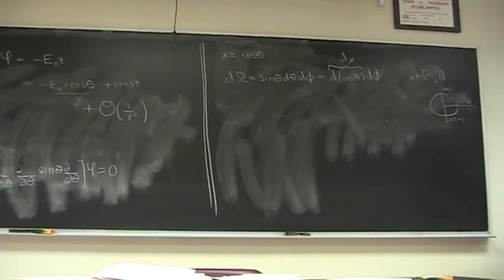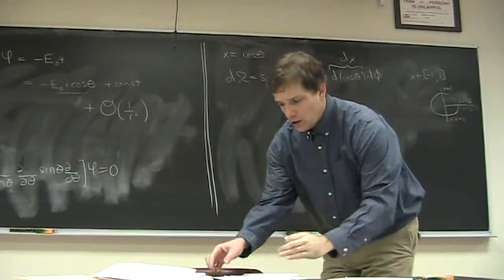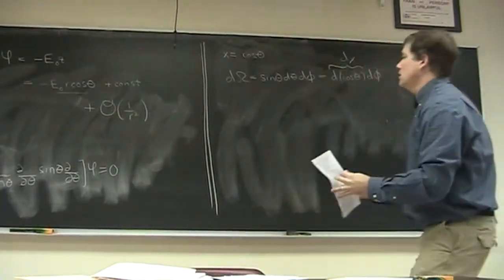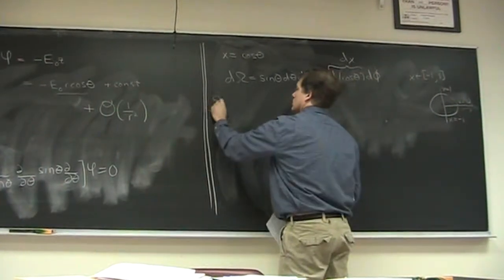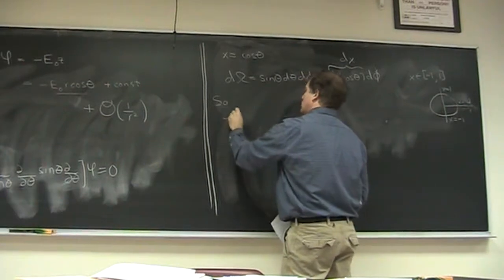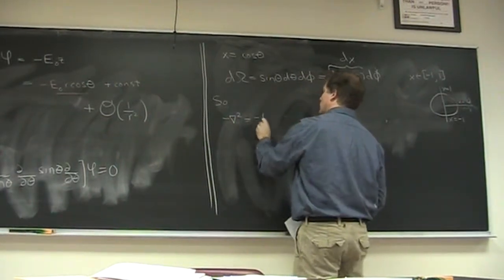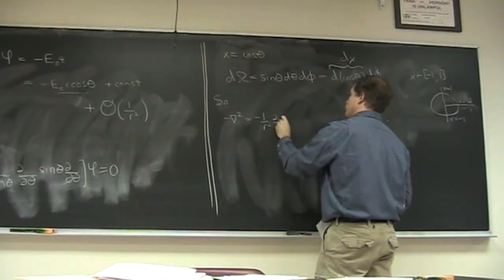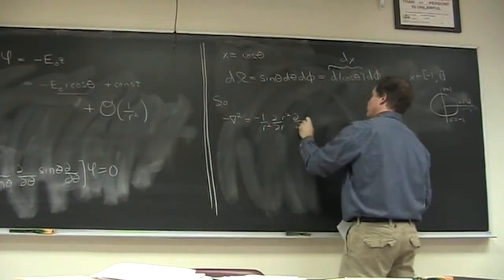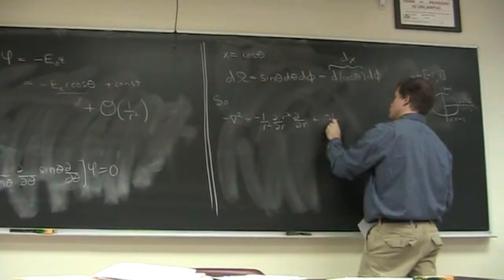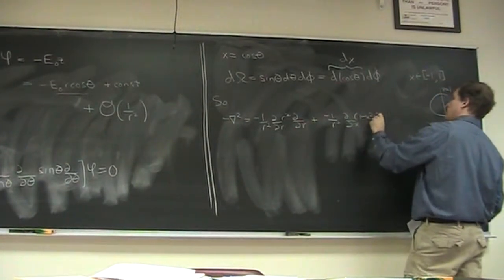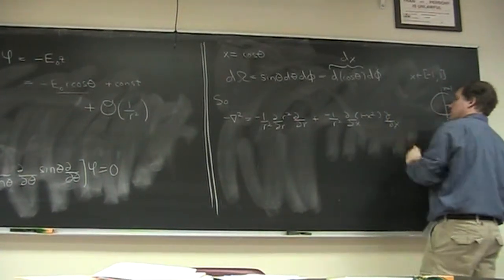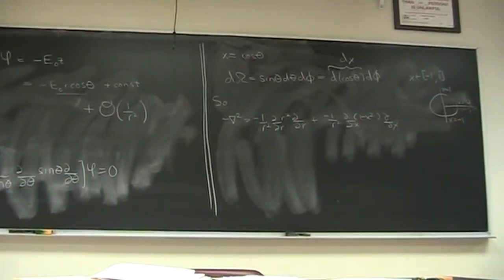So once you make this change of variables, right, okay, so the Laplacian squared becomes -1/r squared. So we usually use x, big cosine theta.